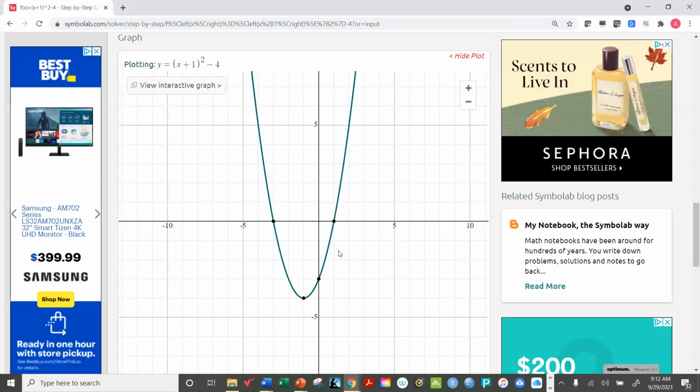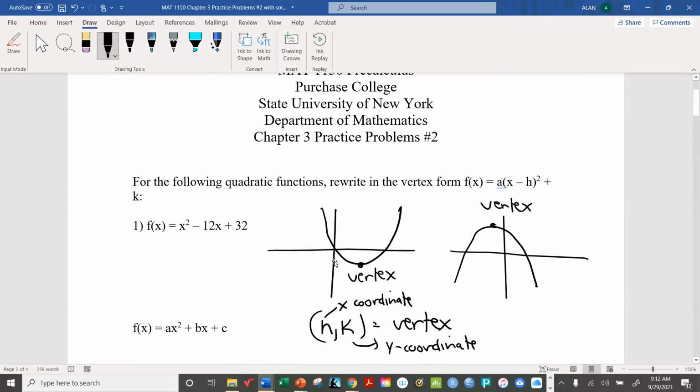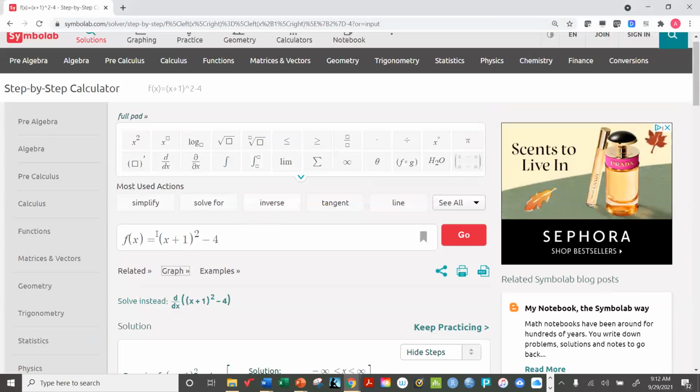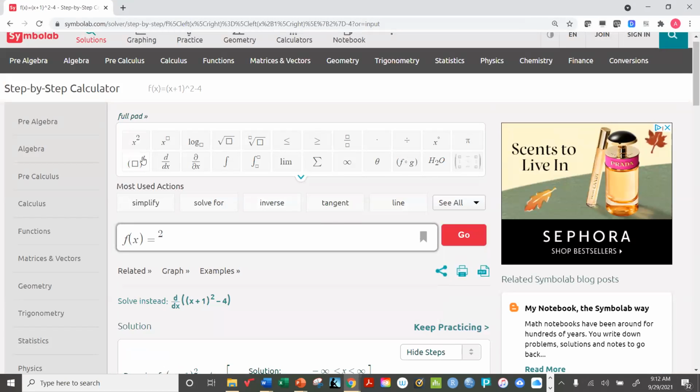In fact, let me see if it can do this. I'm going to try this one as an experiment. You never know what this thing can do. It tries to anticipate what you're trying to figure out, and it throws a bunch of information at you. Why is it doing this?